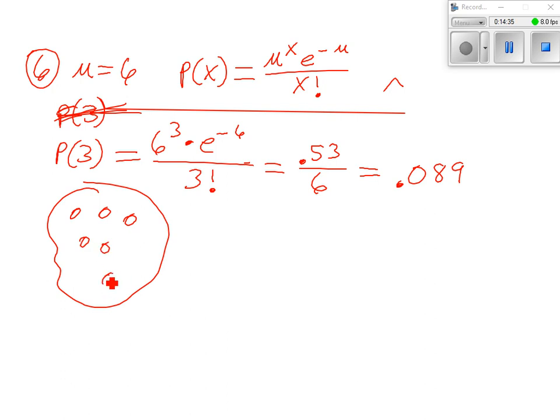All right? We want to pick an area and say, what's the probability that we pick that area and there's only 3 cockroaches? And that's what we just found. About 9% of the time. So that's what we're dealing with there.